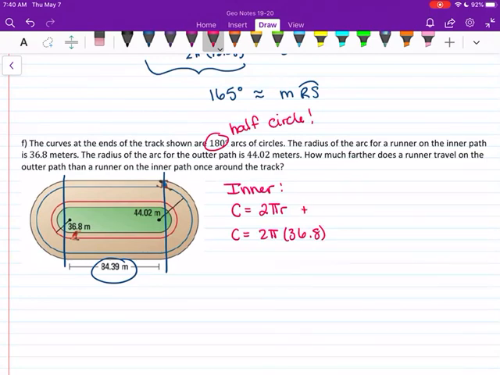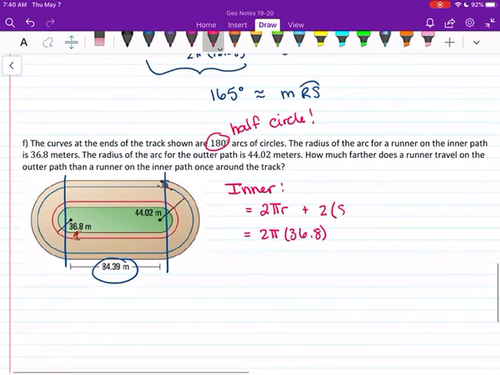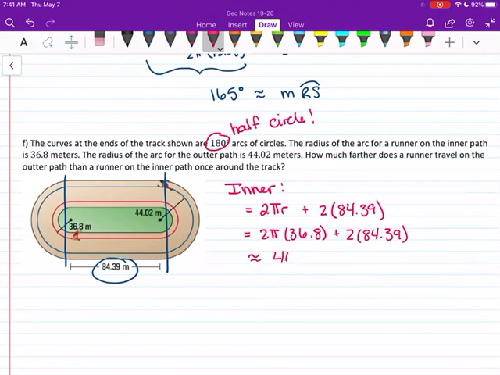And then plus, let me just do this all in one step. Why not? So I got my circumference plus 2 times 84.39, because they have to run that stretch twice. And so when I do that, I'm going to get that the inner path is approximately 400 meters. Hey, that's great, right? 400 meter track.